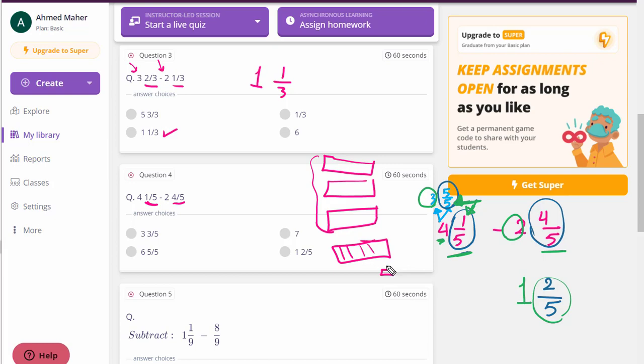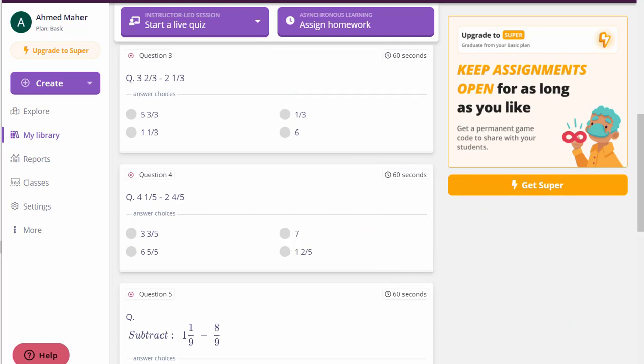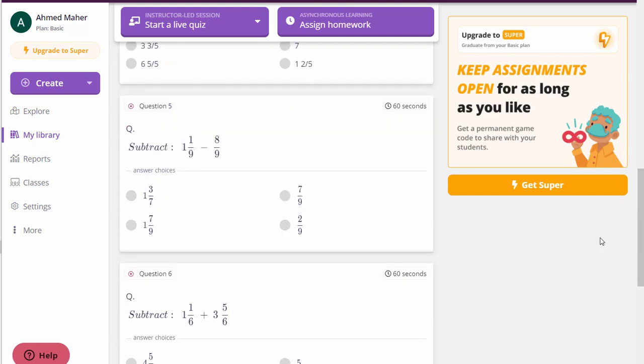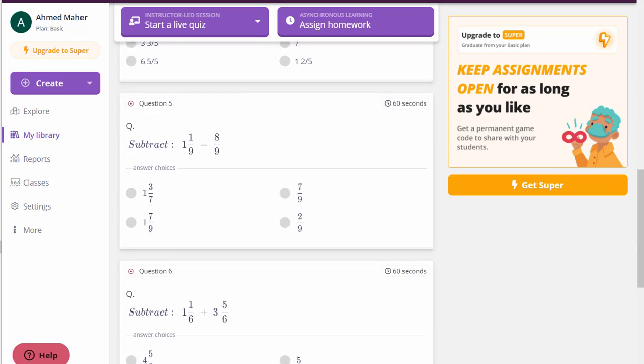Like in the presentation. Okay, again here. This is 1/9 minus 8/9. I cannot do this. So let's use models. I use a whole 1 and 1/9. So I need to cancel 8/9. I don't have it.